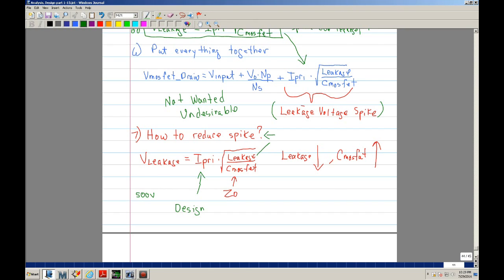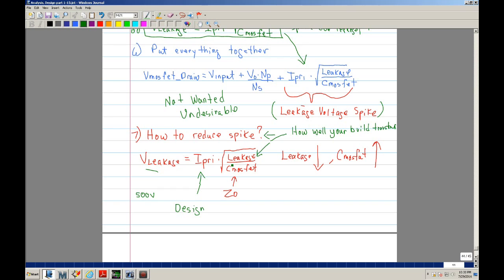The one you have control over is the leakage inductance, and that is determined by how well you built your transformer. There are some techniques. Hopefully they'll show in the next video. We'll try some of the techniques and see if they help or not. But from this equation you can see that if you minimize your leakage, that minimizes your voltage spike.